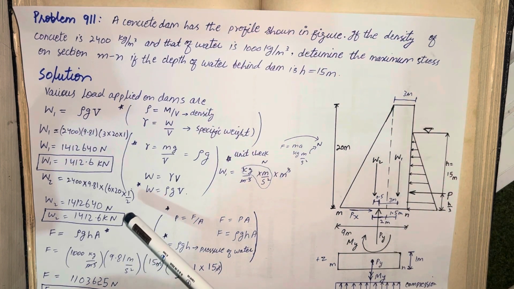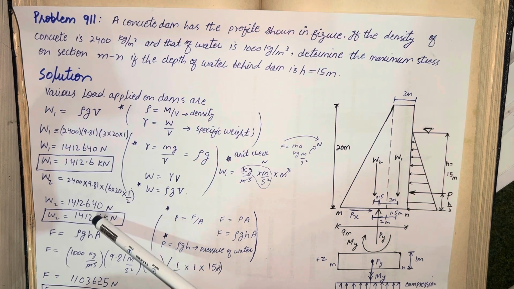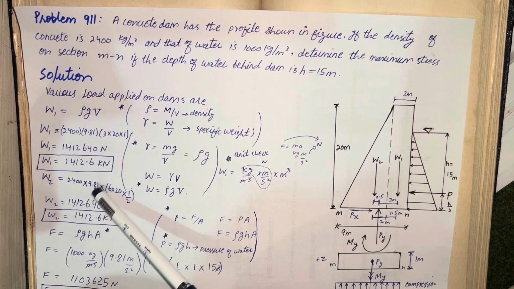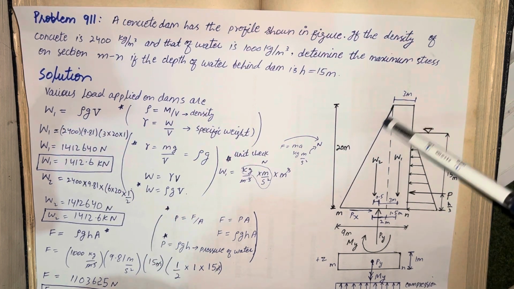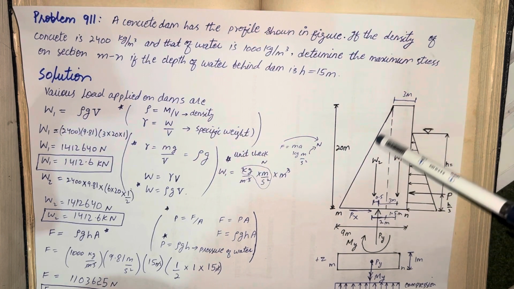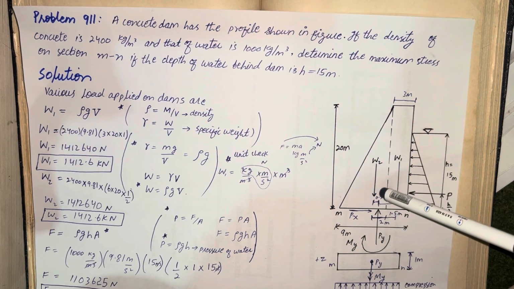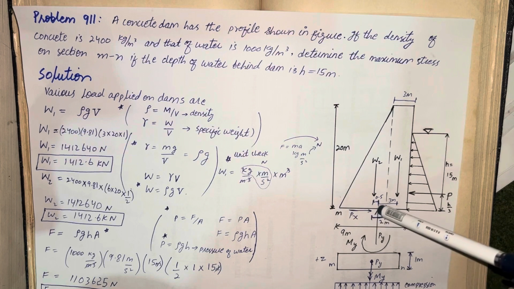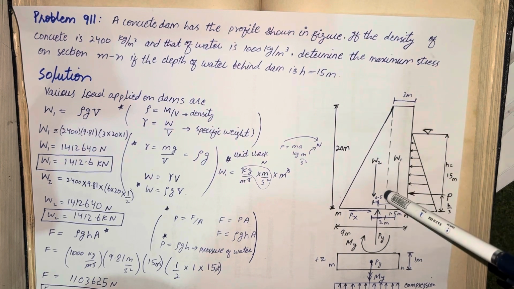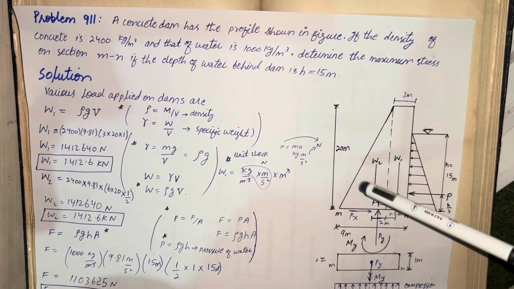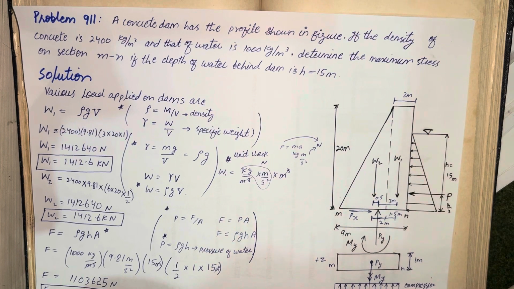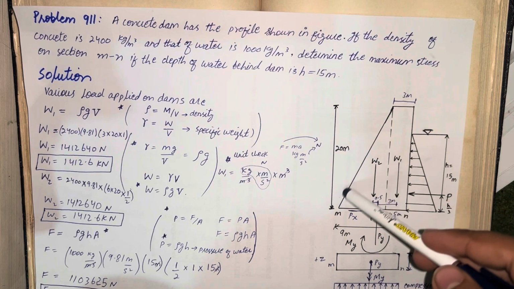Now come toward W2. W2 will also be equal to rho g V2. So here rho is 2400, g is 9.81, multiplied by the volume of this area of the dam. So it becomes equal to this base, which is 6, height 20, and then half, which is the area of the triangle.